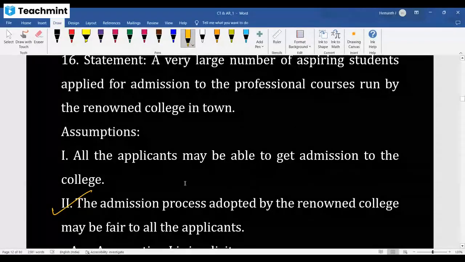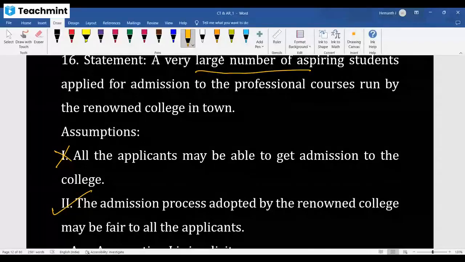But they clearly mention a large number of aspiring students applied for admissions. All people getting admission, that we cannot say. Why are these people applying? Positively seeing that the college is good, that's why people are applying, meaning they are maintaining a fair application process. So we see it on the positive side, but not the first one.